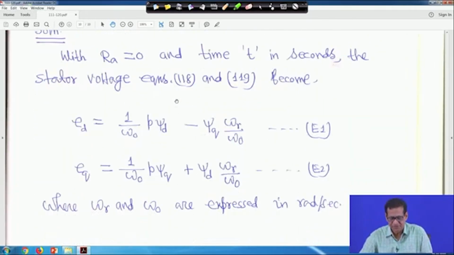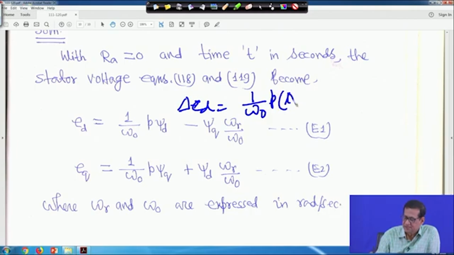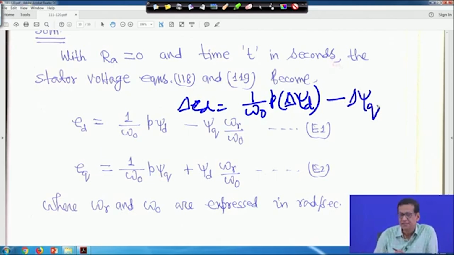If you now take the small perturbation of this equation, in the next page we will see, it will be delta ED equal to 1 upon omega 0 P delta psi d minus delta psi q into omega r by omega 0, but omega r is equal to omega 0, that we will write later.